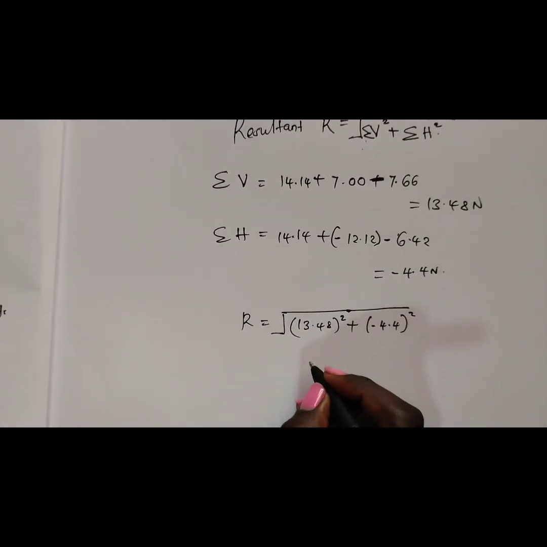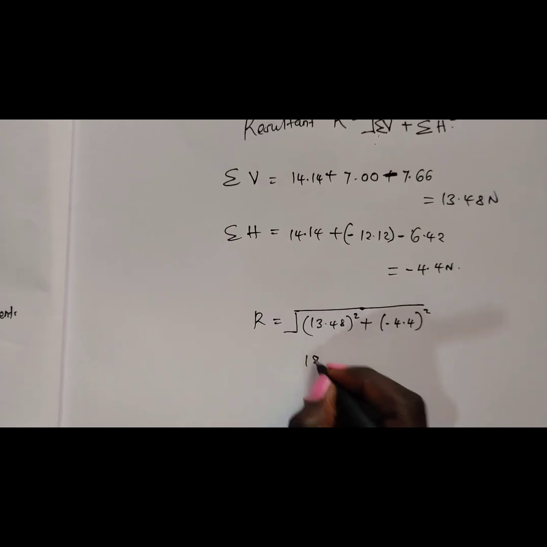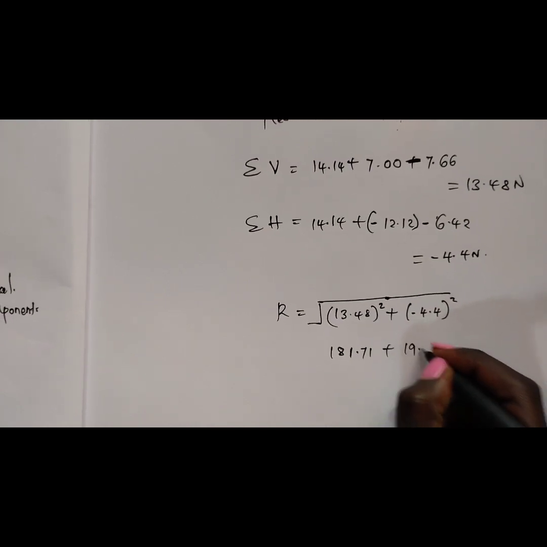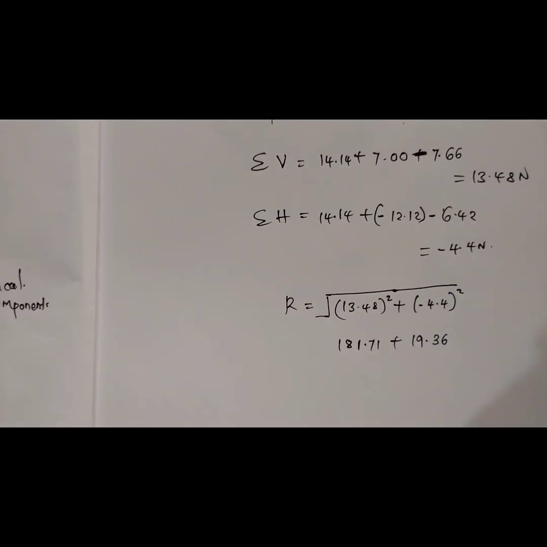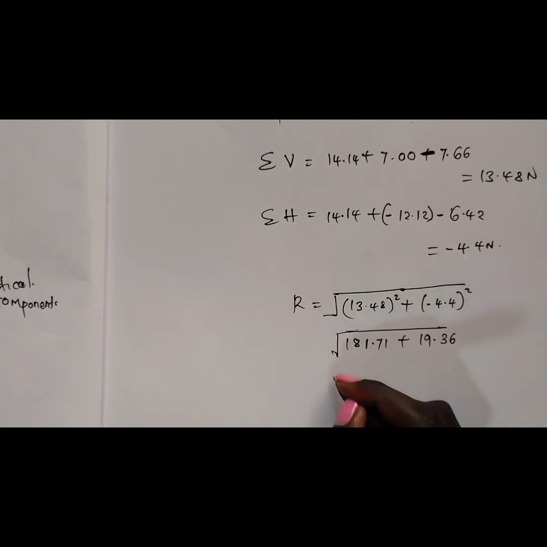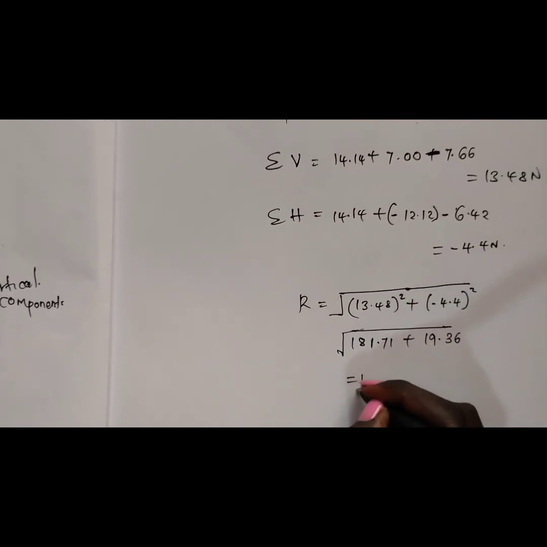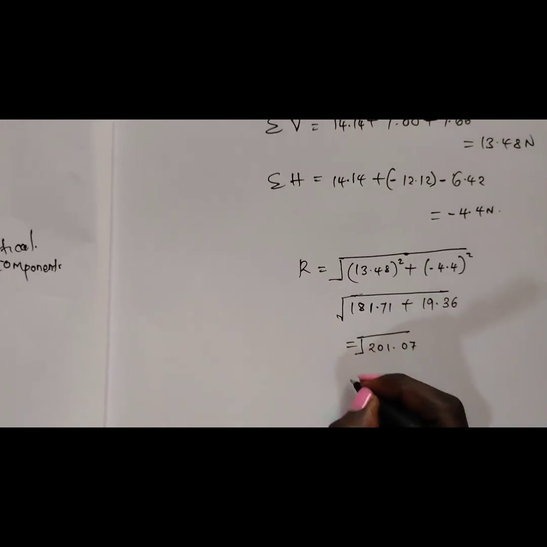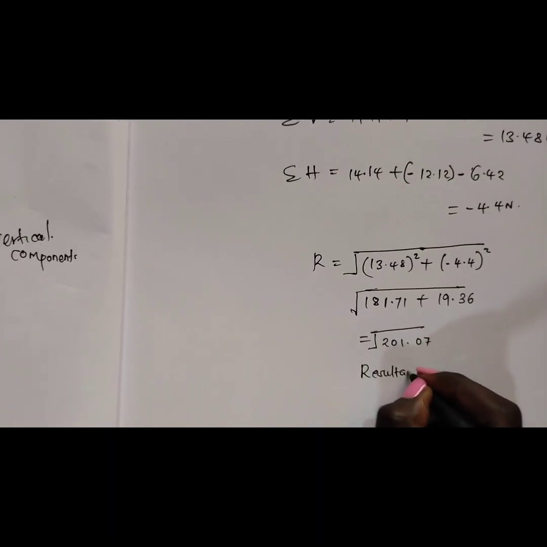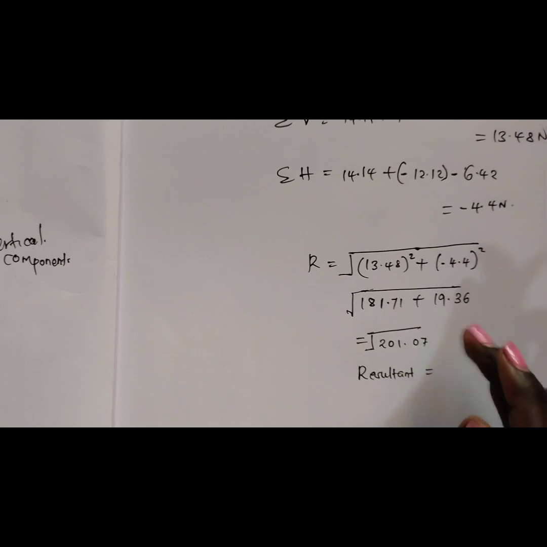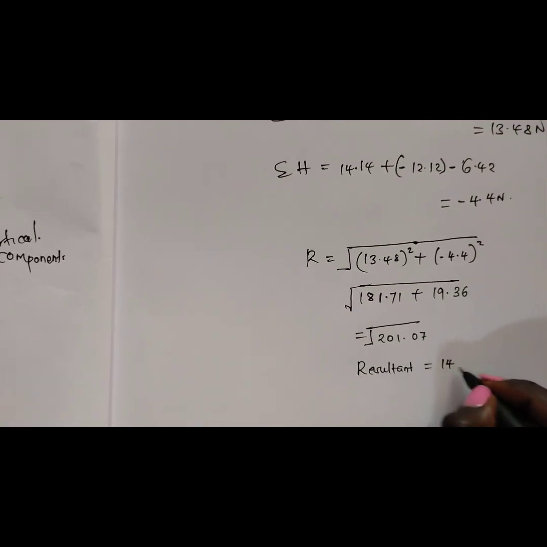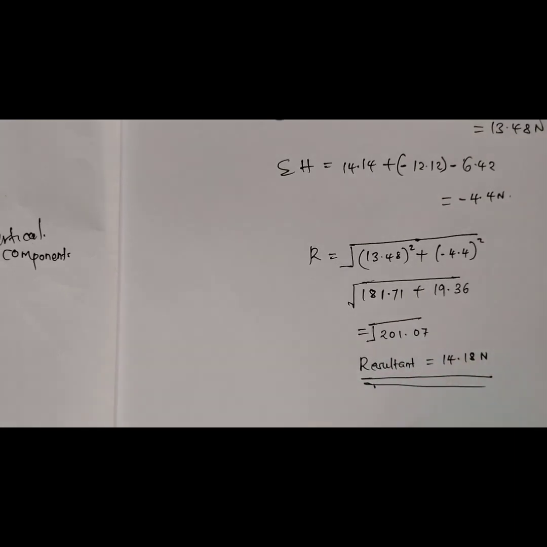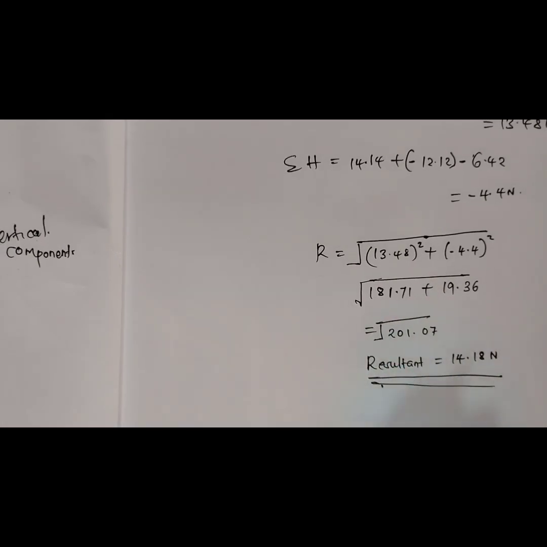The square of the vertical components is 181.71 plus 19.36, that is the square of 4.4. Add the two, and the square root of the total 201.07 gives the resultant force that can balance all three forces, of magnitude 14.18 newtons. So that is your required resultant, the magnitude of the resultant force.